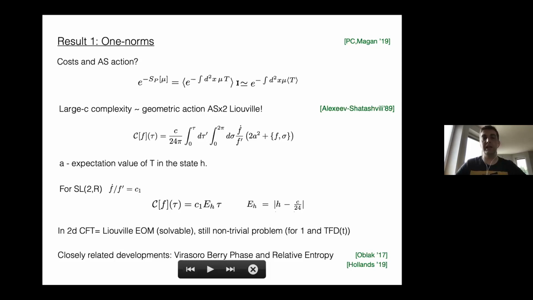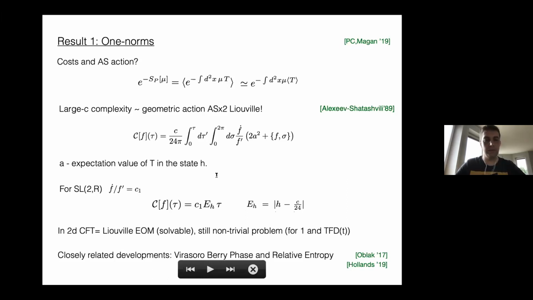By this argument, at least for classes of mu, this should be equivalent to the Polyakov action. So this is exactly two copies of Alekseev-Shatashvili, or the chiral bosons, and you get the Liouville action. So maybe here A is also related to the expectation value of T in some particular state.